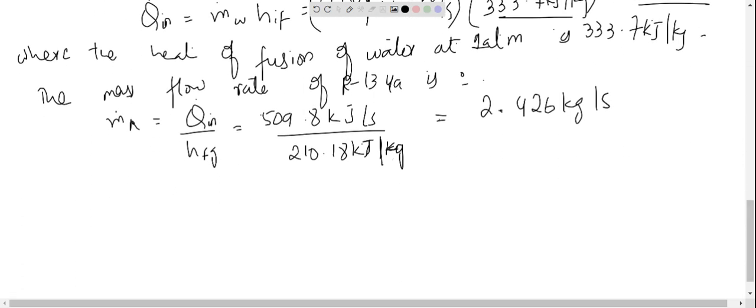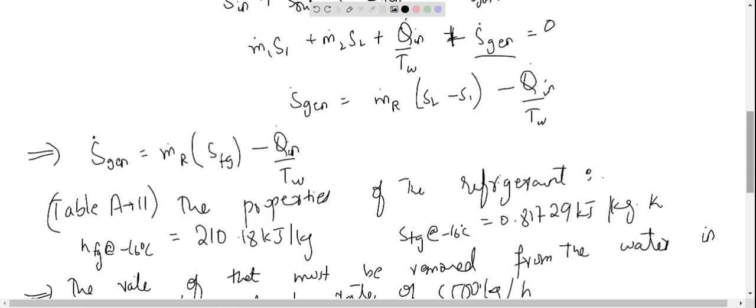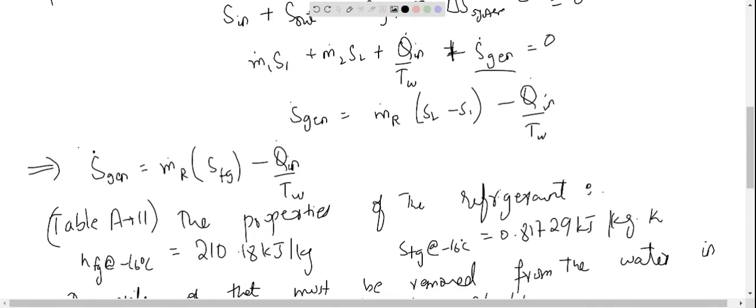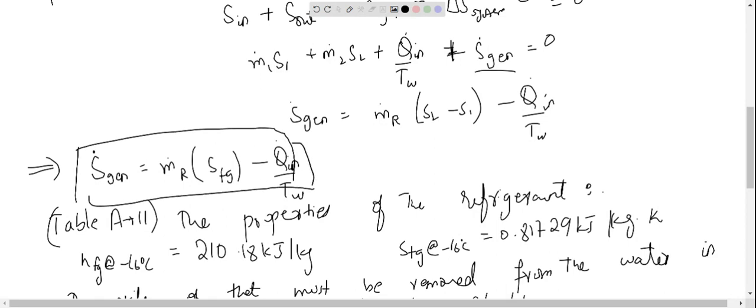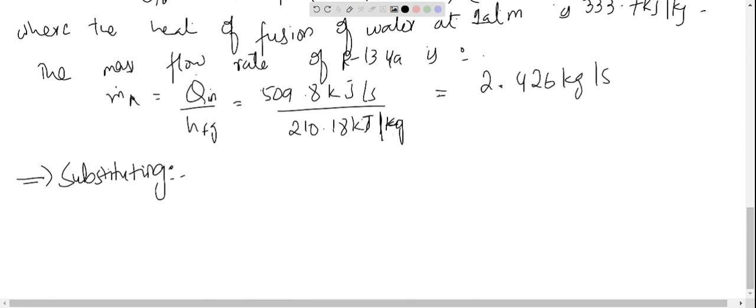Now substituting all these values in the formula which we found for the rate of entropy generation: m dot R sfg minus Q dot in divided by Tw.